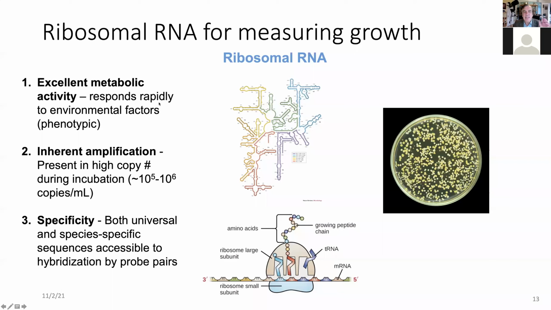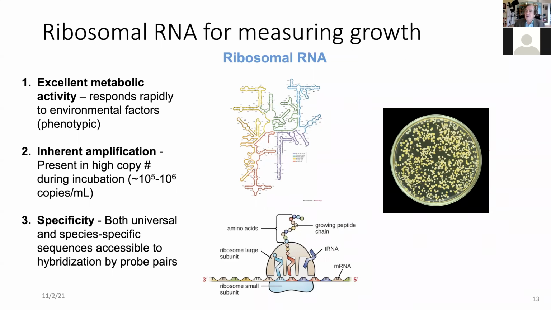What that means is it responds very rapidly to environmental factors. So suddenly this antibiotic is present, immediately the amount of ribosomal RNA responds. So it is almost like doing the culture that you normally do, which is of course phenotypic, but doing it much faster.